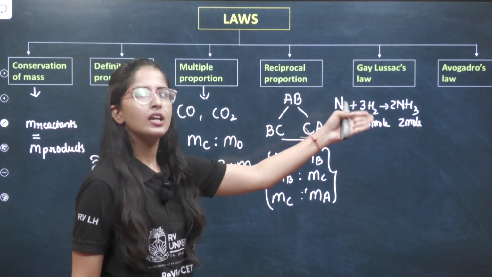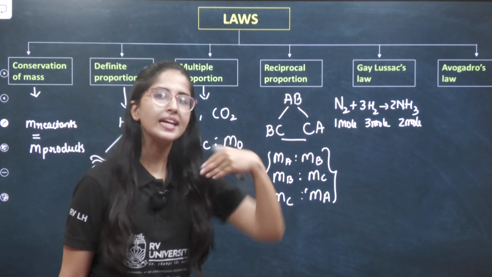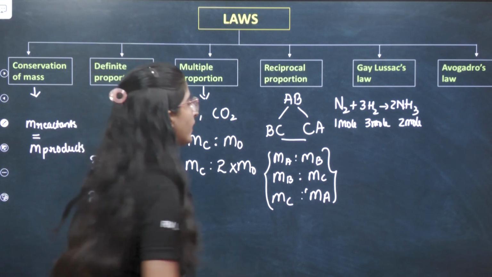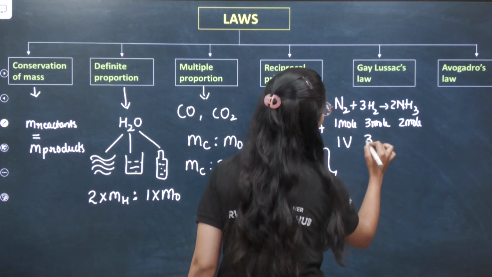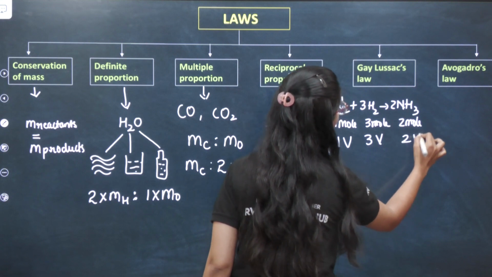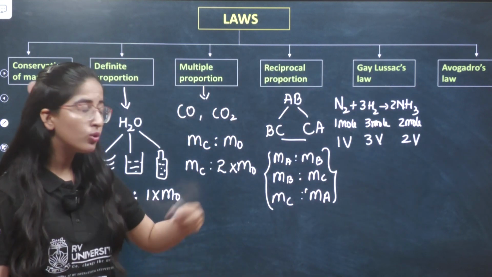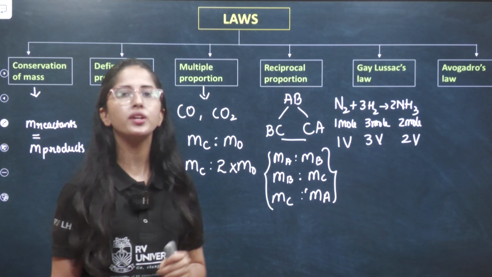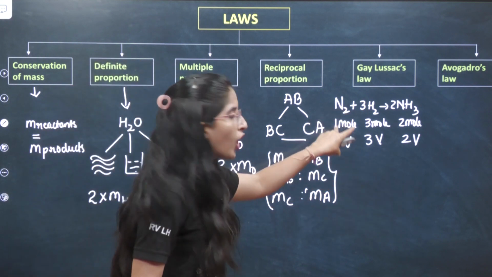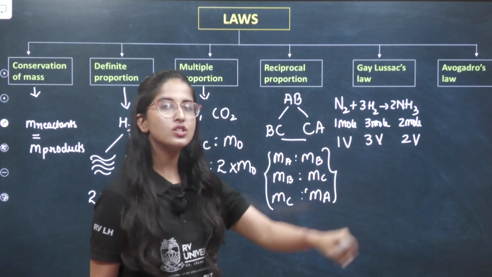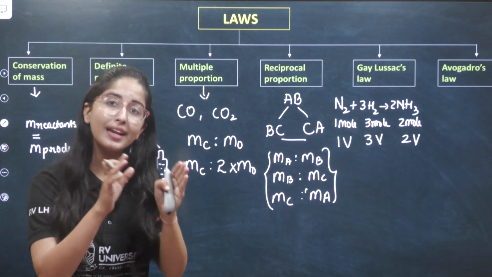He said that mole is directly proportional to volume. Okay, so it means 1 volume of nitrogen combines with 3 volumes of hydrogen to give 2 volumes of ammonia. Now the volumes of the products and reactants are in a simple ratio.